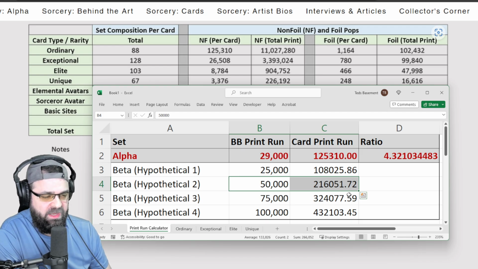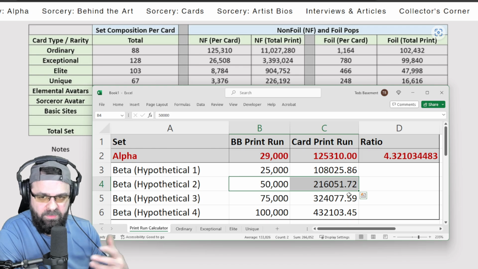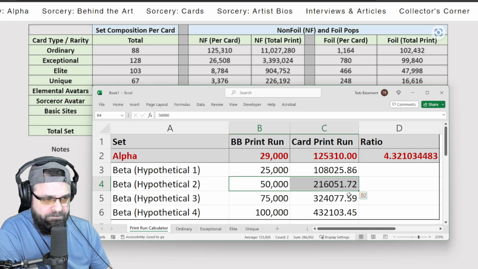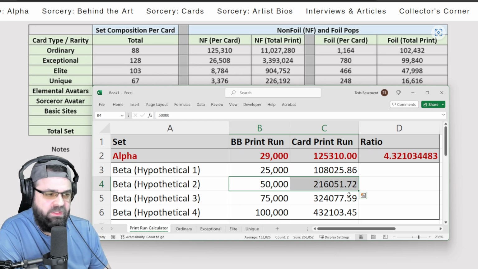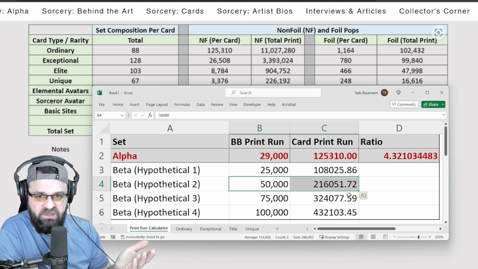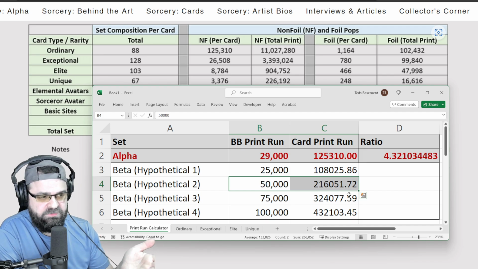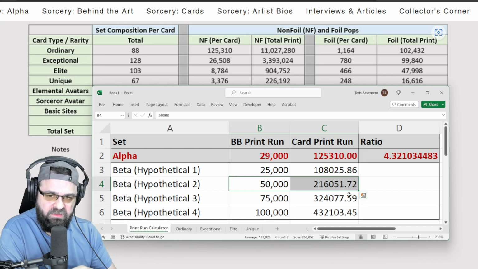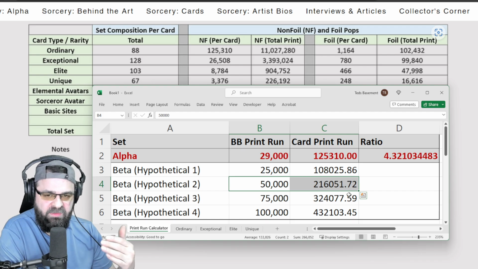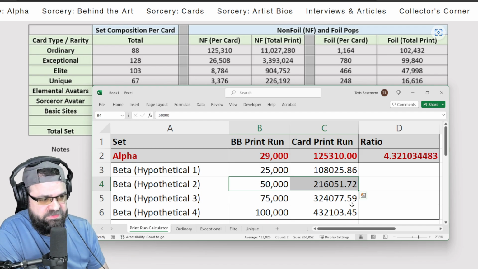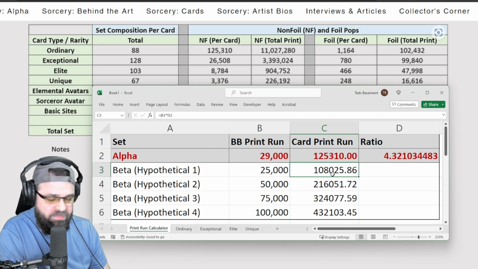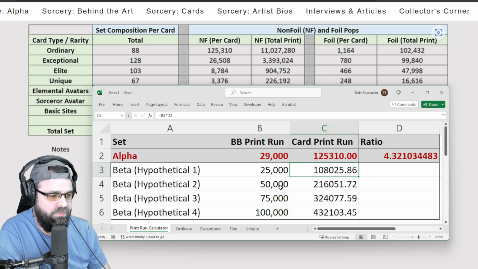This goes back to the concept of making sure that Beta is plentiful and there's a ton of supply out there, especially for those that want to play. Even for myself, I'm playing, but I'm also collecting. I like collecting complete sets, and so I have a full non-foil set. I'm not even going to try to go for the foil set. These numbers basically mean that I'm going to be able to get that stuff at very low cost, very readily available.